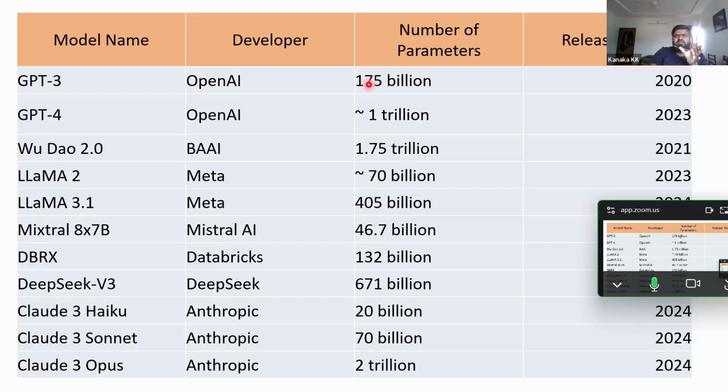For example, GPT-3 has 175 billion parameters, and Claude 3, which was published in 2024, has 2 trillion parameters. So just imagine how big the model is.